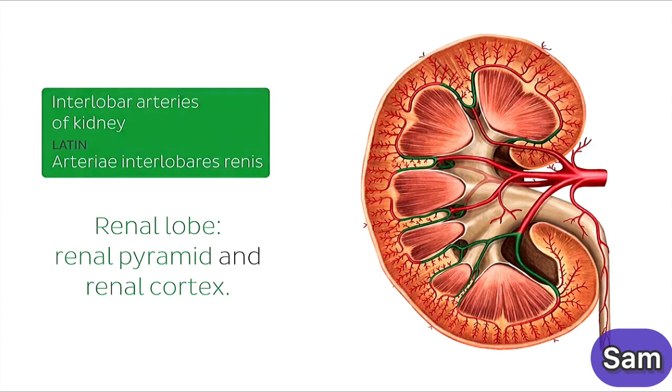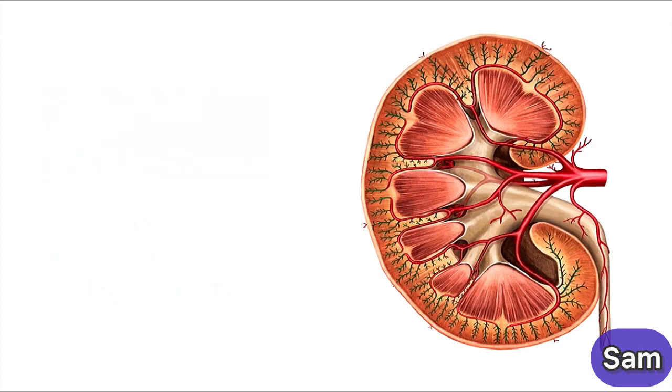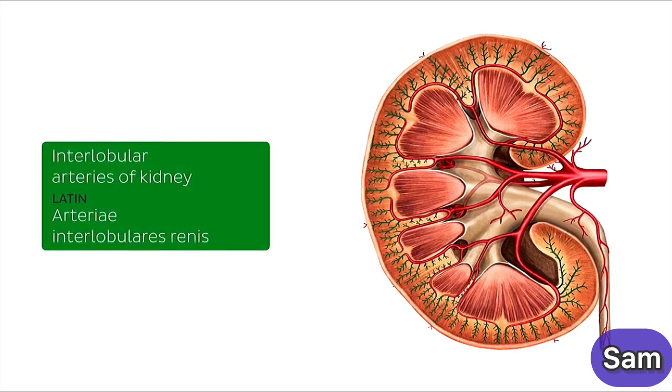And they're going to then be supplying these areas of the kidneys. There is also another set of arteries that are known as the interlobular arteries of the kidney. They have a similar name, but the interlobular arteries arise from these ones that you see here, the arcuate arteries, that we're also going to be covering here in this tutorial. And these interlobular arteries also supply the renal cortex and are terminal ends.